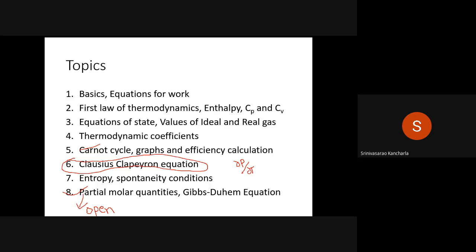We always assumed that the number of moles, the quantity of the material in the system, is constant. Okay, so from tomorrow, when it comes to the partial molar quantities, it is an open system. In an open system, you always have a chance for the number of moles, the quantity of the material, to change.